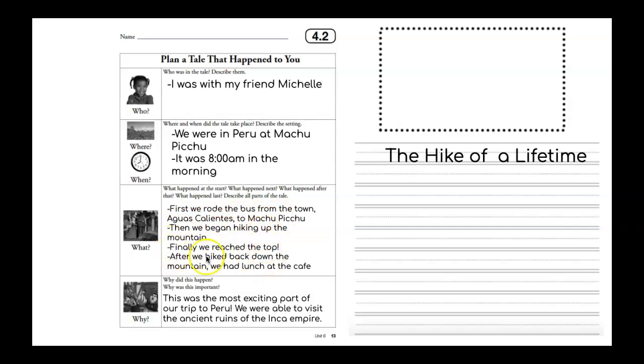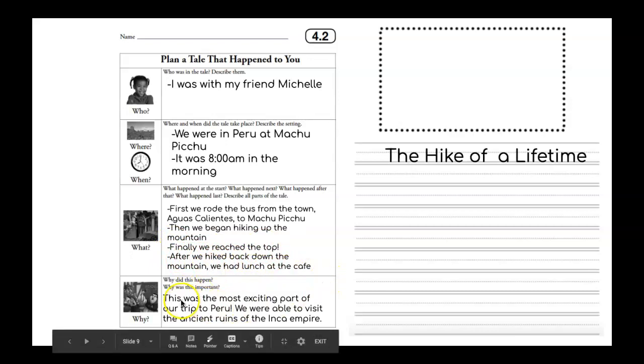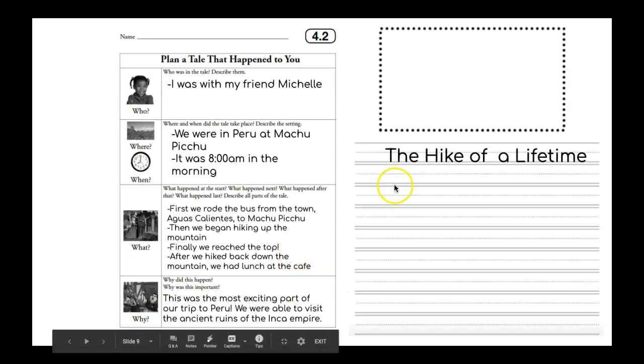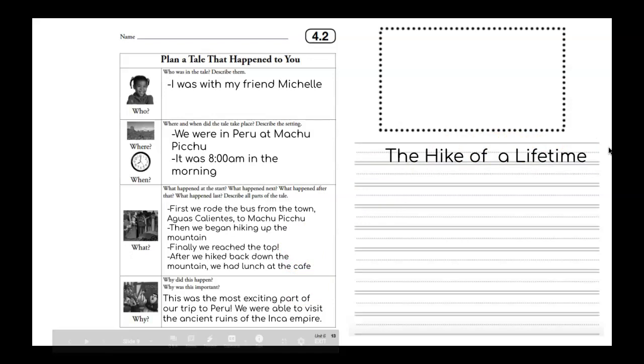Finally, we reached the top. And after we hiked back down the mountain, we had lunch at the cafe. I wrote that this was the most exciting part of our entire trip to Peru. We were able to visit the ancient ruins of the Inca Empire. So my title is The Hike of a Lifetime. Again, this is just mine. Yours is going to be different because it's your story, something that happened to you.